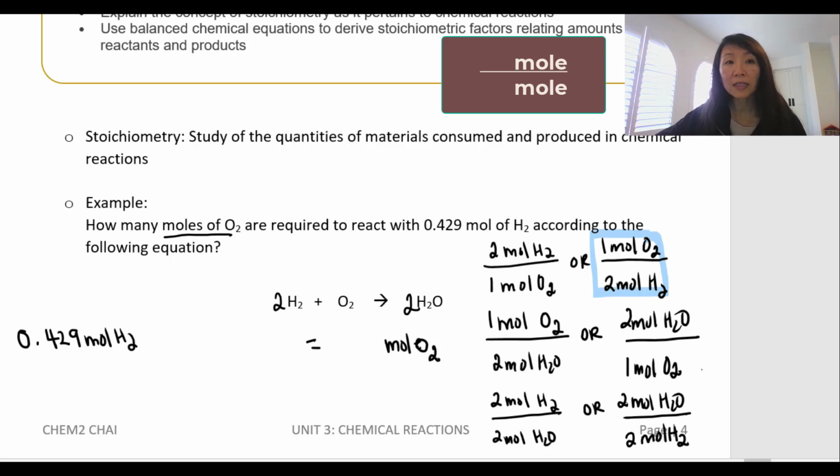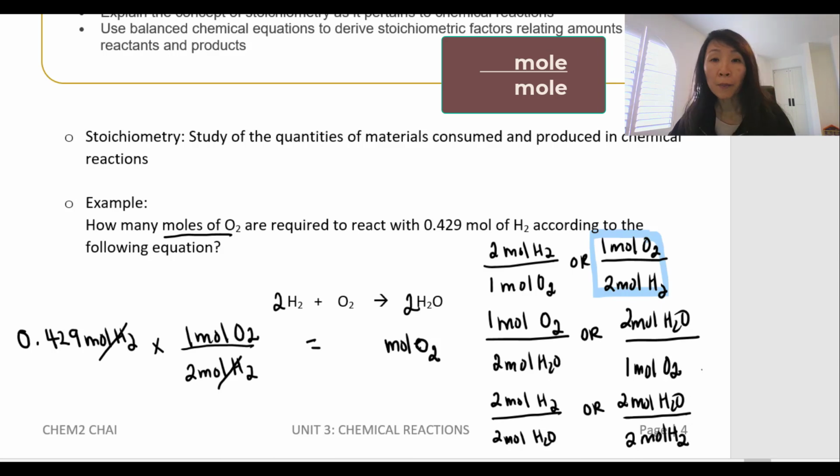I will utilize this mole to mole ratio and place it in here. Why did I do that? That's so I could cancel out the moles of hydrogen, and then you're left with 1 mole of oxygen, and that's the unit we want. We want moles of oxygen to be left over.